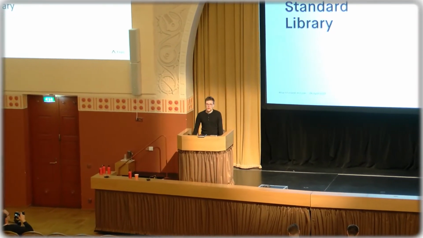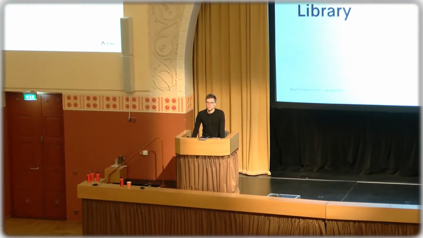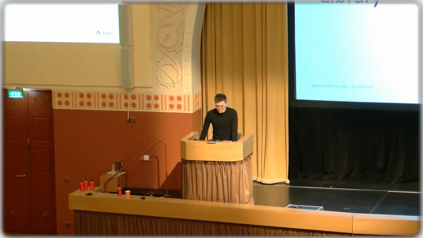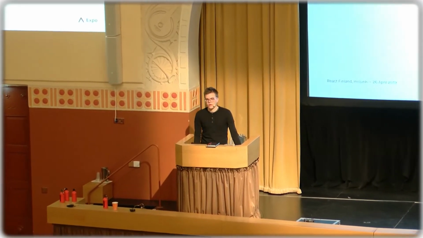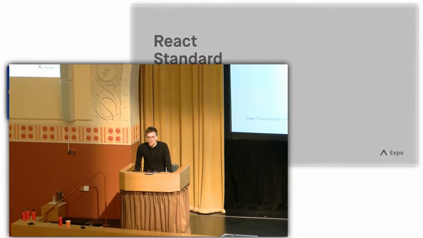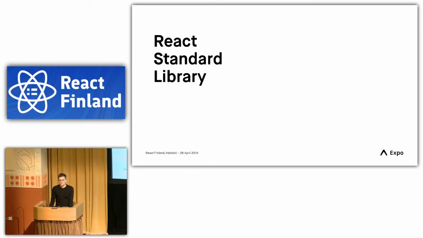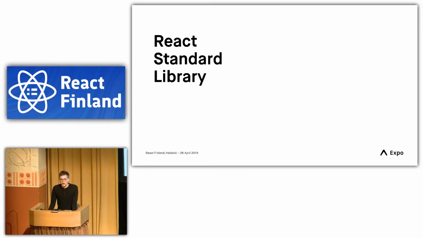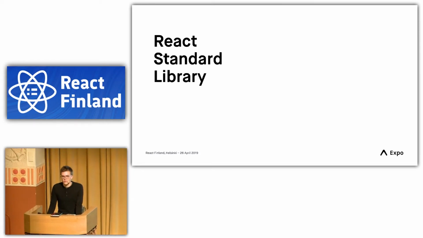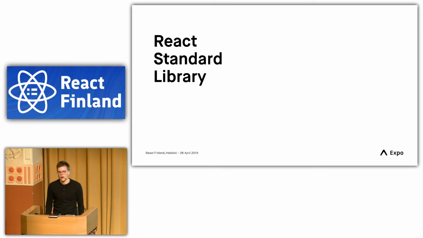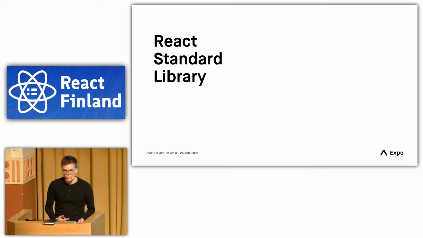So as you learned from Rick's talk, React is now a tool of choice for building cross-platform apps because, with React Native, it's well suited for handling the user interactions across Android, iOS, and web.